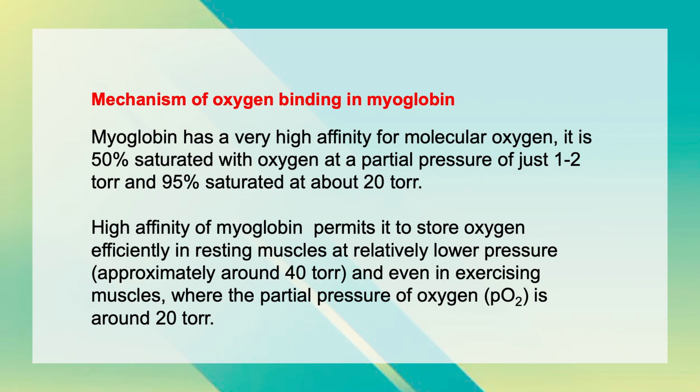The partial pressure of oxygen in resting muscles is around 40 torr. And when exercising, when the partial pressure of oxygen is lower, around 20 torr, it is still able to store oxygen.